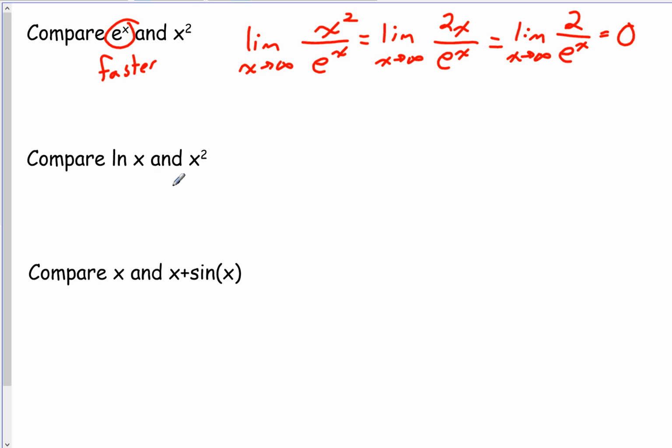If I wanted to compare the natural log of x and x squared, I can do my limit as x goes to infinity of natural log of x over x squared. Now I have infinity over infinity, so I can do L'Hopital's rule, which is an awesome thing to have here.